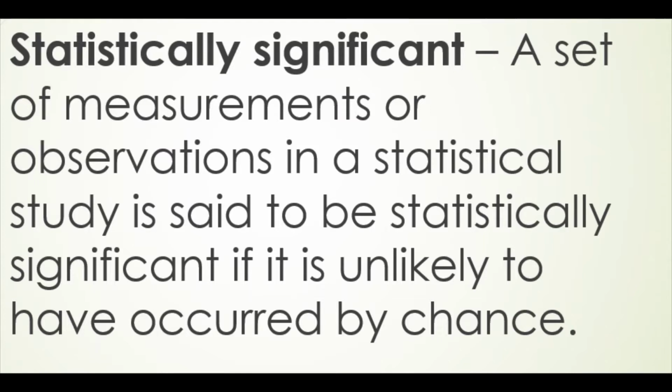So what we're going to try to do in this lesson is figure out where exactly we cross that line from, well, this just occurred by chance, to, okay, now this seems to be evidence that something is happening here, that the patterns that we observed in our study are statistically significant.